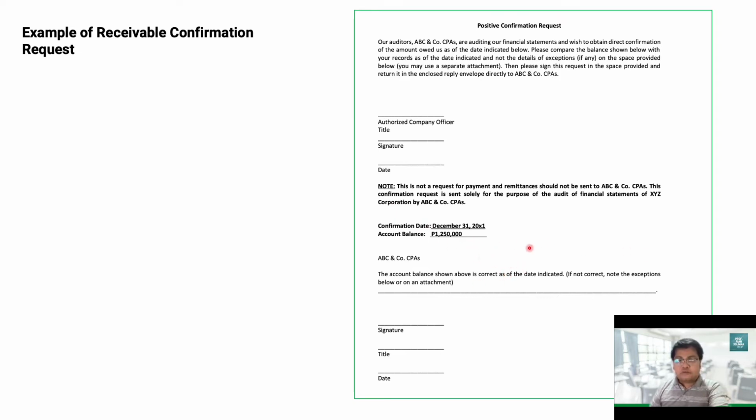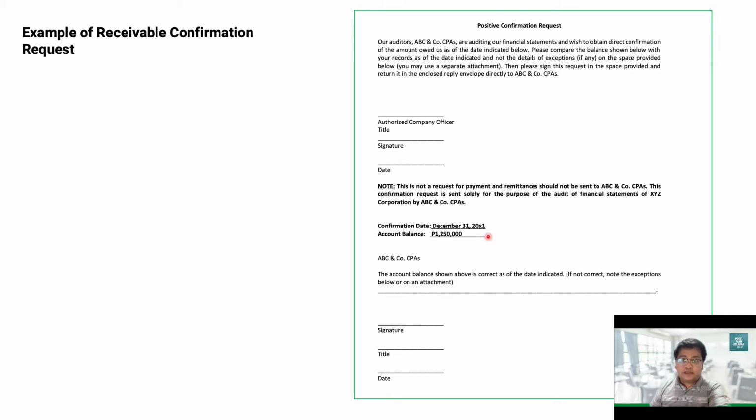Okay? So, one common reason in practice is that sometimes the customer would not consider the date included in the confirmation, because we normally send confirmation after year end. So sometimes the customer would consider even those transactions after year end.